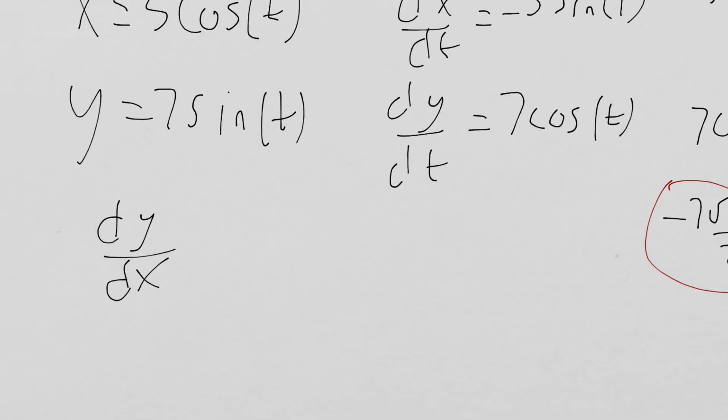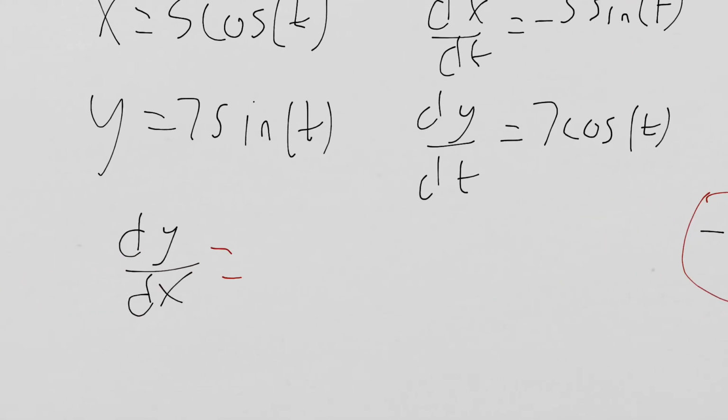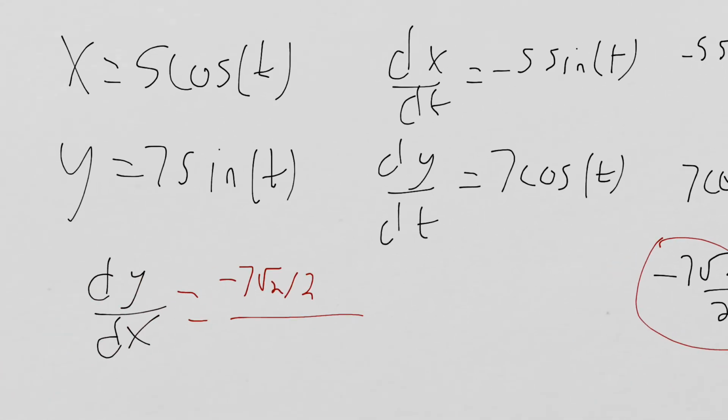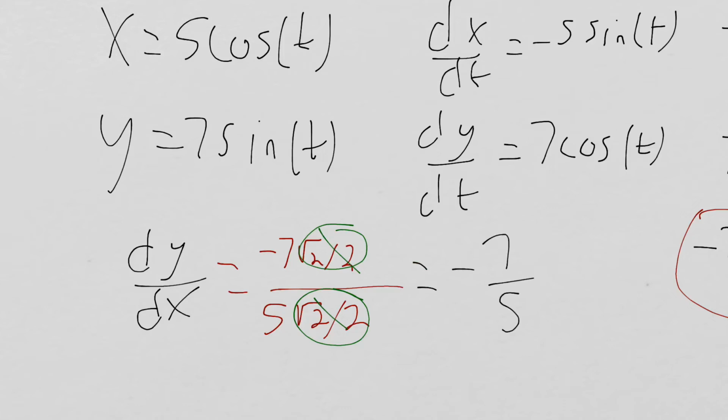So dy dx equals, our dy was negative 7 root 2 divided by 2, and our dx was 5 root 2 over 2. So then the root 2 over 2's cancel, just leaving us with negative 7/5. That's the slope of our elliptical path at t equals 5 pi over 4.